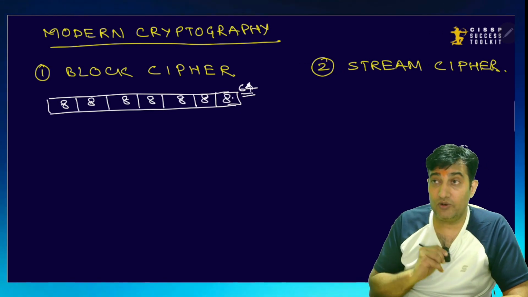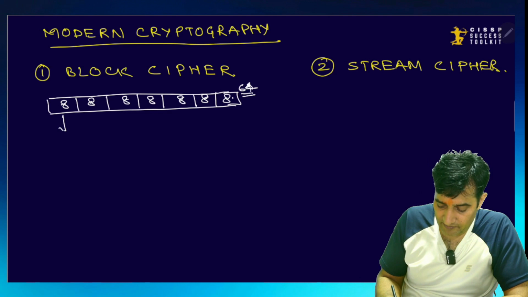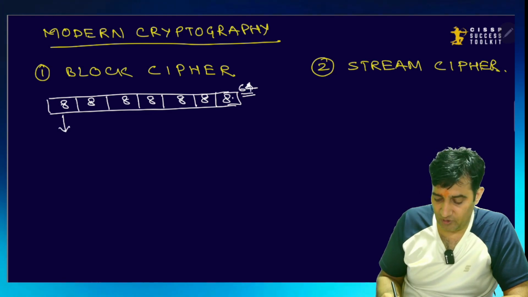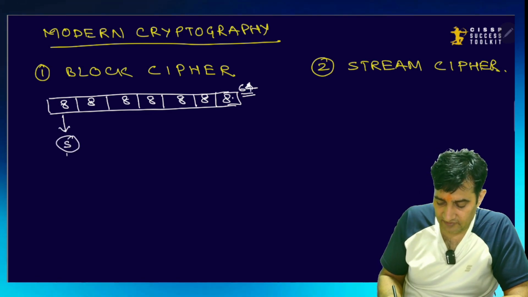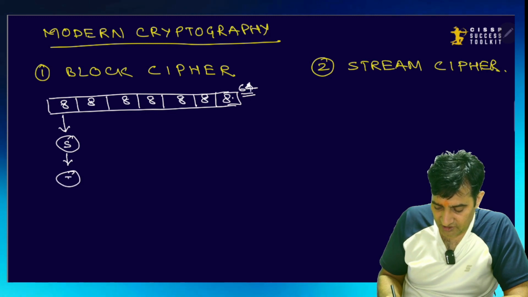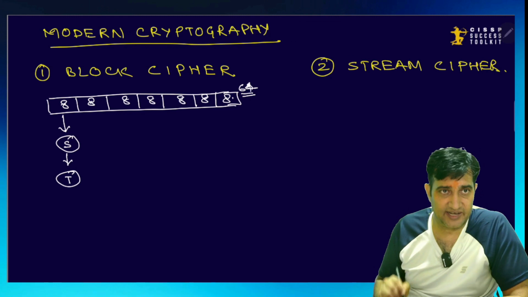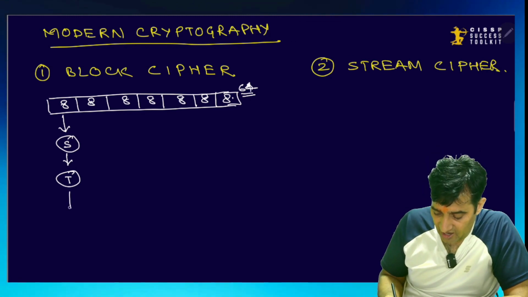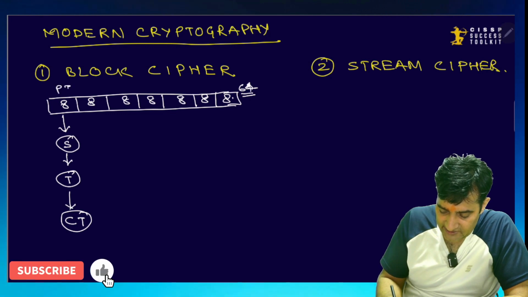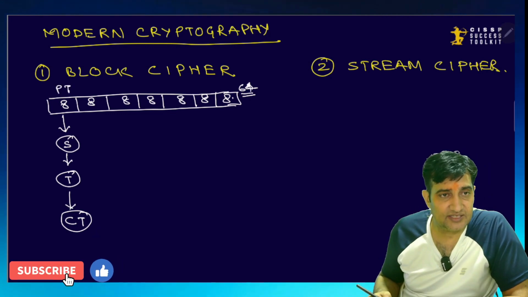Now each block will independently go through substitution, transposition, or maybe in some cases XOR as well, that we will understand later, and then the final outcome will be your ciphertext. This is your plain text converted into ciphertext.